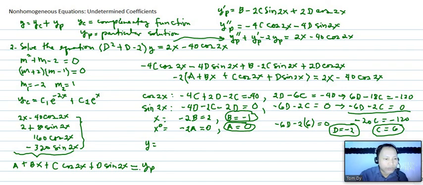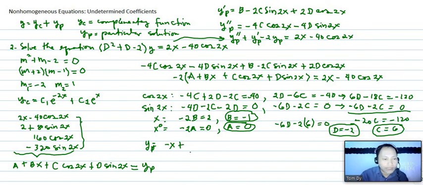Therefore, we will substitute y sub p, which is equivalent to a. We do not have the value of a, so it will remain as 0. And then bx, our b equals negative x, plus c.